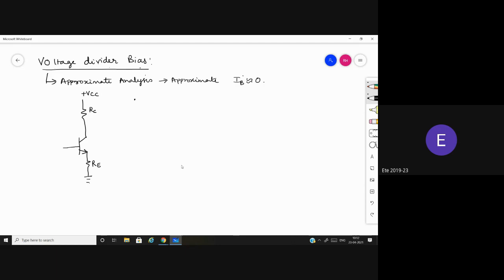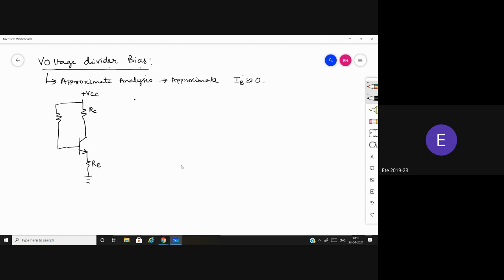Now, if I connect like this, tell me what kind of biasing technique this is. Emitter stabilized bias. Good. So this is emitter stabilized bias.